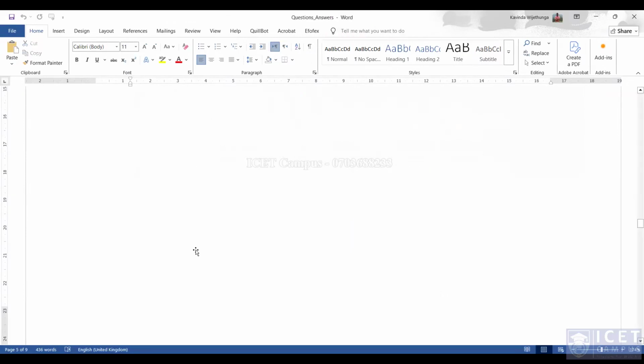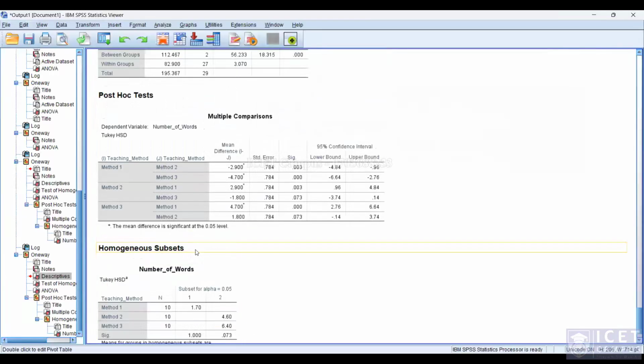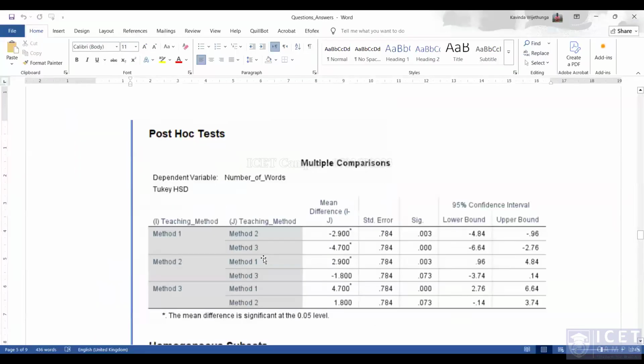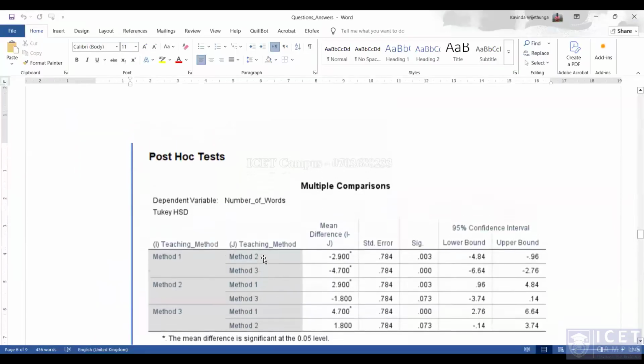Right. Then we can go for the post-hoc test because since there is a difference, we need to identify where the difference is. So you can see here these are the flags. So for method two, there is no flag. Then we can go for homogeneity of variance test.